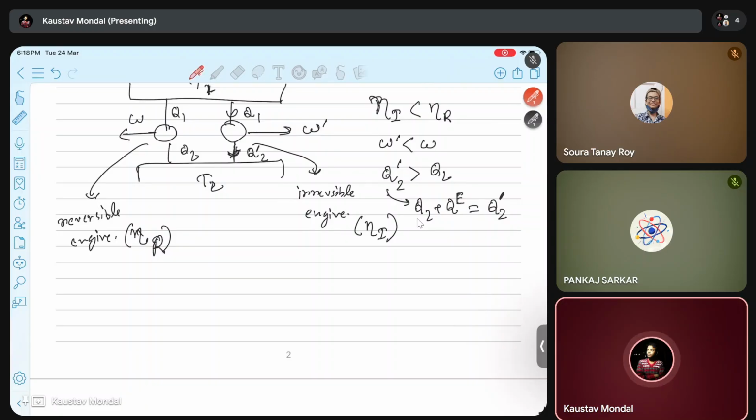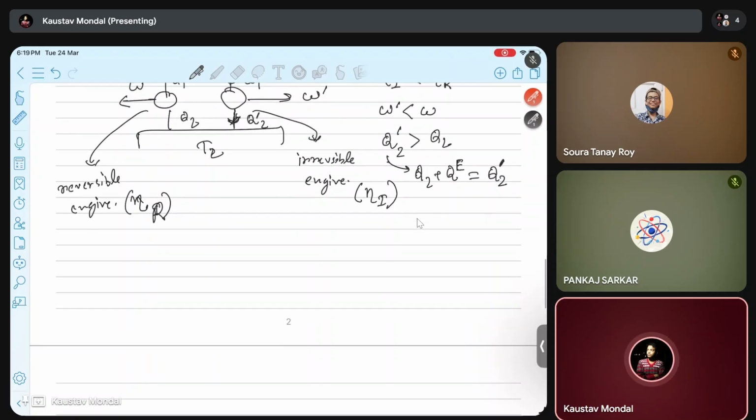For the case of the reversible engine, if you calculate the change in entropy for the system, delta S system is equal to 0, and delta S for the surroundings is also 0.